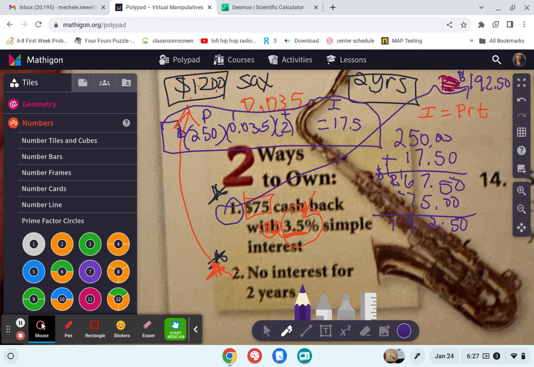Now I'm going to do the second way, which is no interest for 2 years. It's still going to take me 2 years to pay, but I don't have to pay any interest, and I don't get the $75 cash back. Got it?